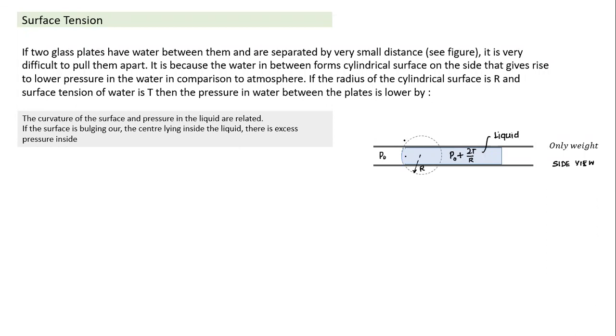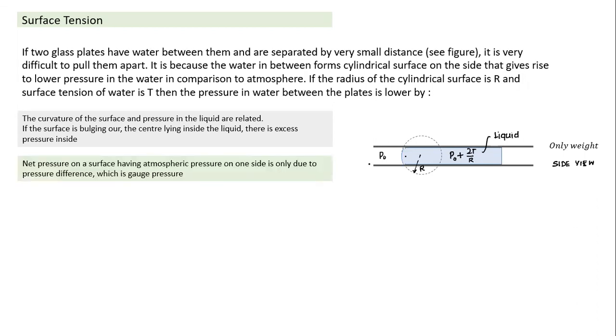So if I look at the plate as a system, there's an excess pressure inside. What are the forces acting on the plate? Its weight is acting downwards. And if you look at the part where liquid is not there, pressure P0 is acting downwards, and pressure P0 acting upwards. This will not exert any net force.